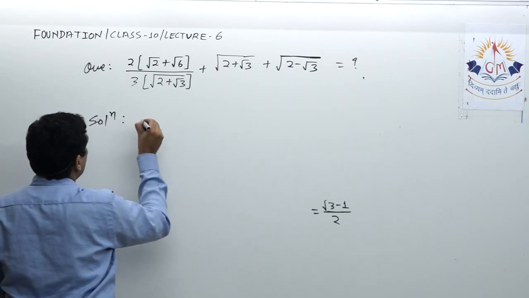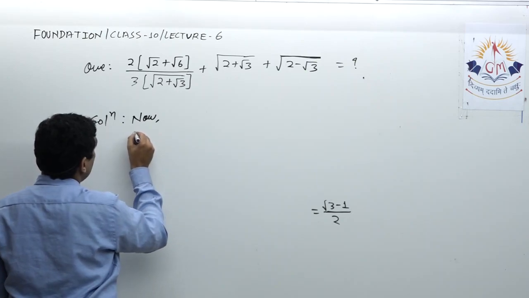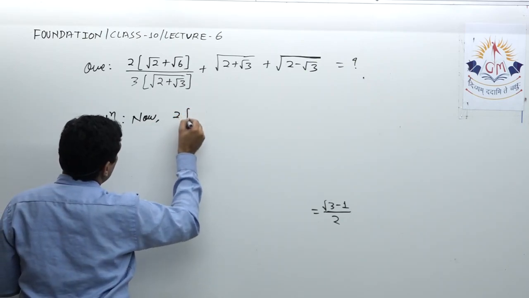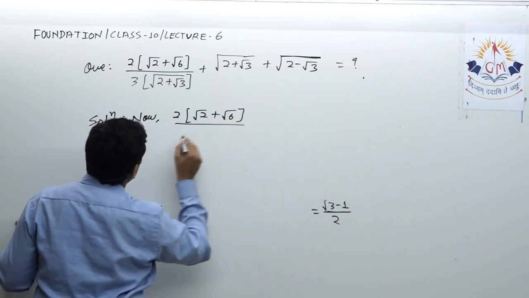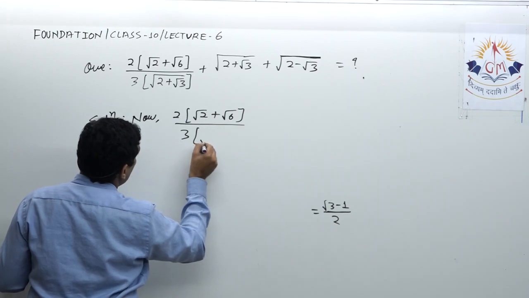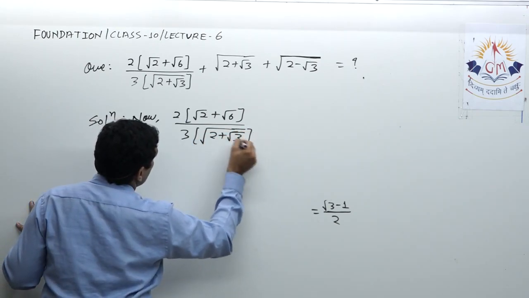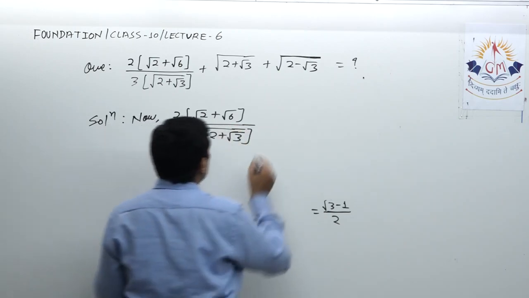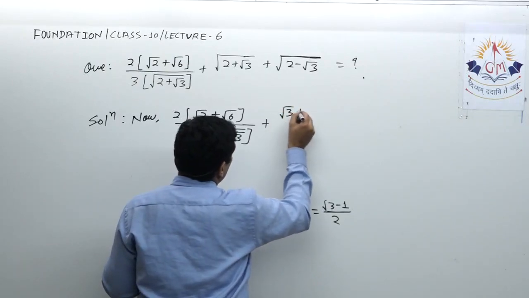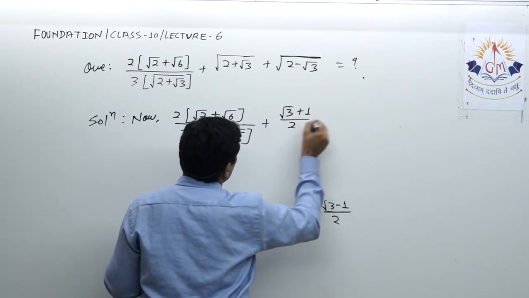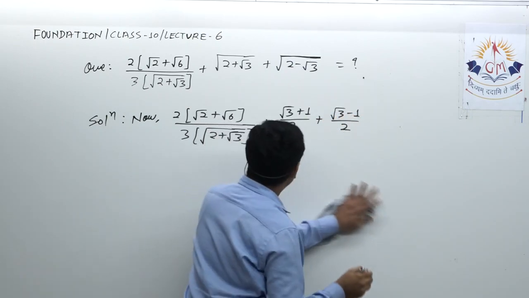Okay, so now further, here I will write now 2 into root 2 plus root 6 upon 3 into square root of 2 plus root 3, plus 2 into root 3 plus 1 by 2, and this was root 3 minus 1 by 2.